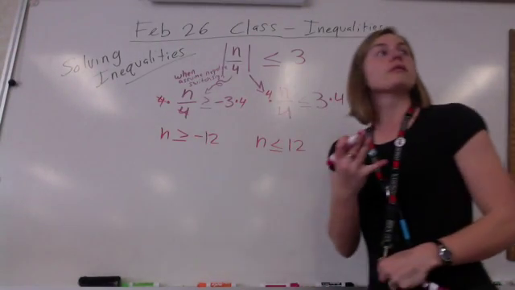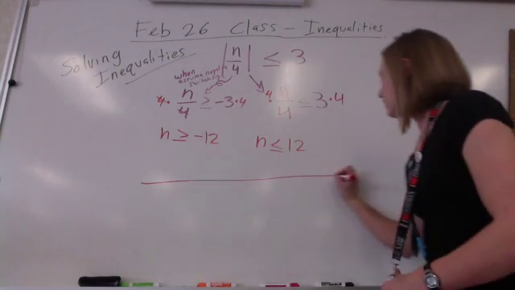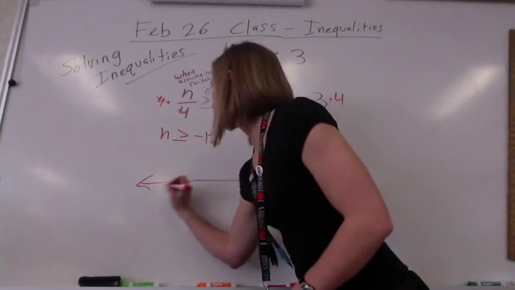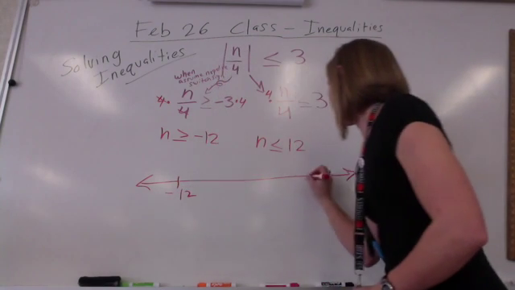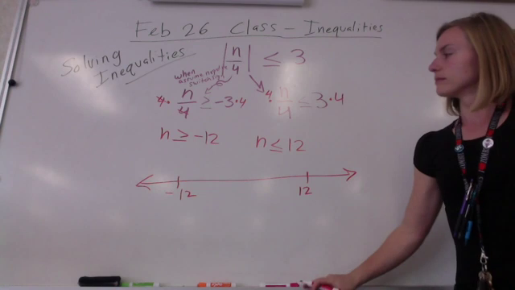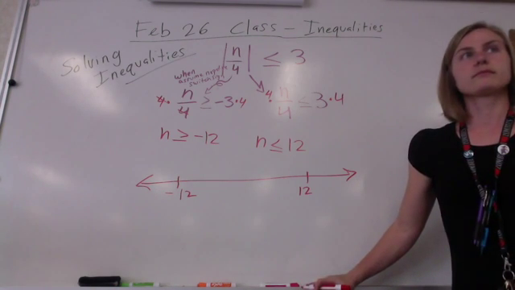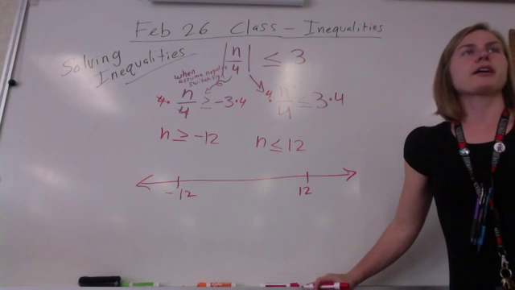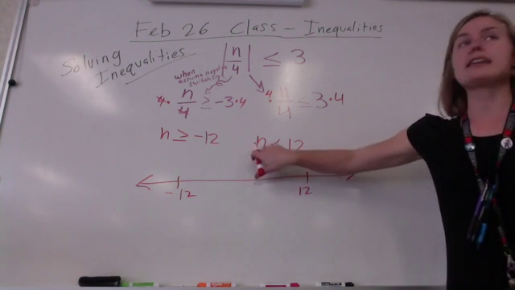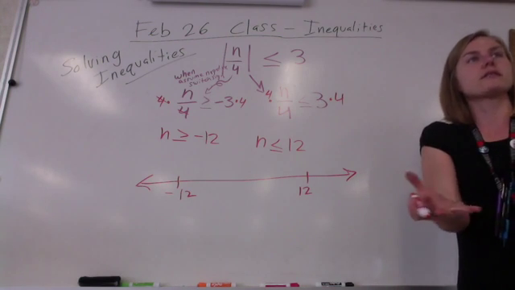Whenever we do these, they're going to want us to graph them. You graph both. You don't have to make them separate colors, because we're solving for the same variable, so we're essentially giving a range of what n can be.